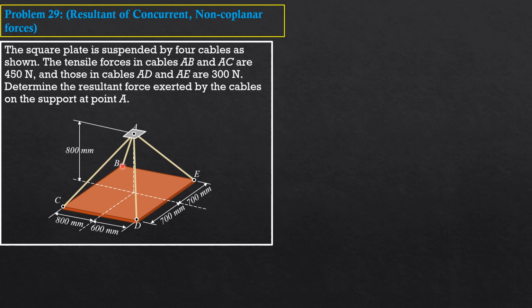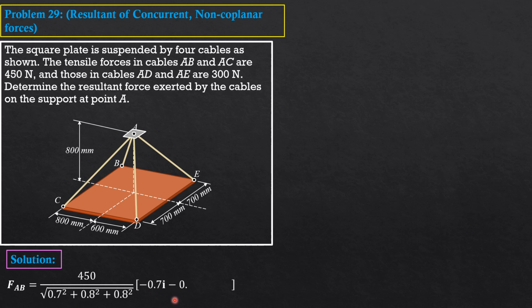So all components are negative. So FAB in vector form would be 450 over the square root of 0.7 squared plus 0.8 squared plus 0.8 squared, times the quantity negative 0.7i, negative 0.8j, negative 0.8k.